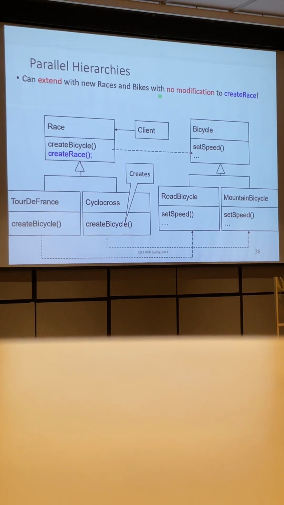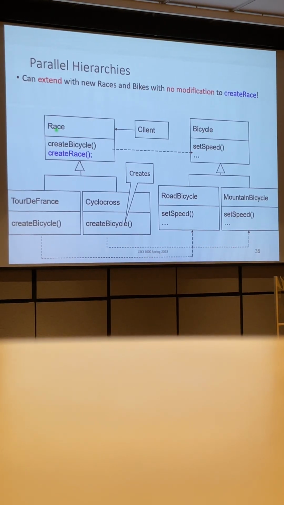Now if you think about it, how hard or how easy would it be to add another type of bicycle and another race? Let's say we have a tricycle, which is another subclass of bicycle, and we have a tricycle race, which is another subtype of race. All that would require is to override create bicycle in the tricycle race, and of course implement the tricycle class itself.